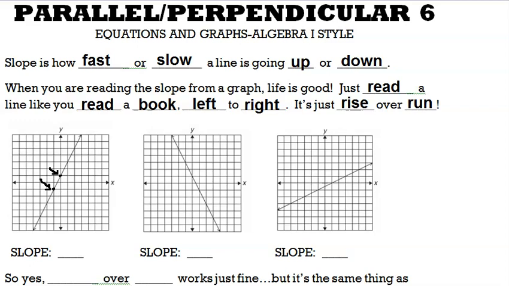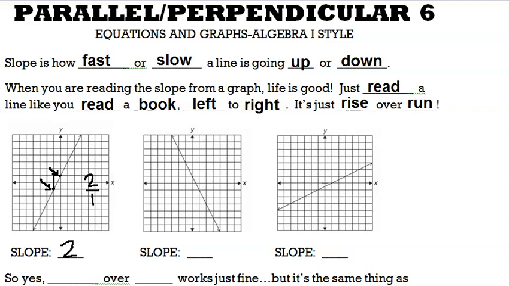So you are going to, if you want to go from one point to the other, rise 2 and run 1. That means 2 over 1 for the slope, but we're never going to call it 2 over 1. We're better than that. We're just going to call the slope 2.